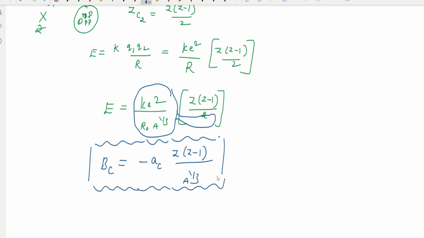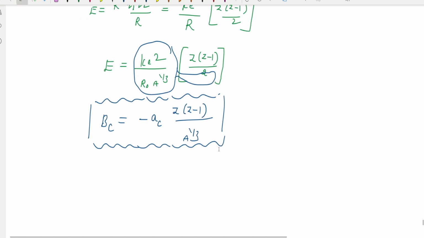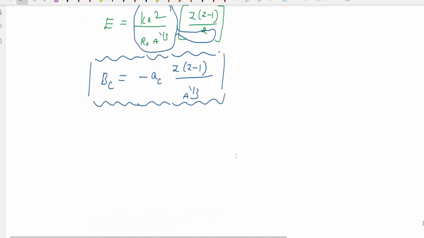Next, symmetric terms. Due to the symmetry in the number of neutrons and protons, we can write the binding energy like this.